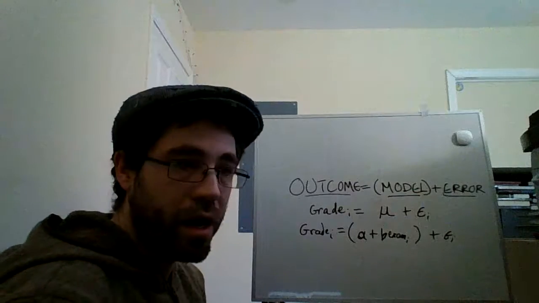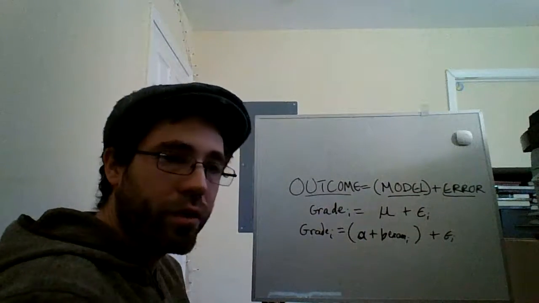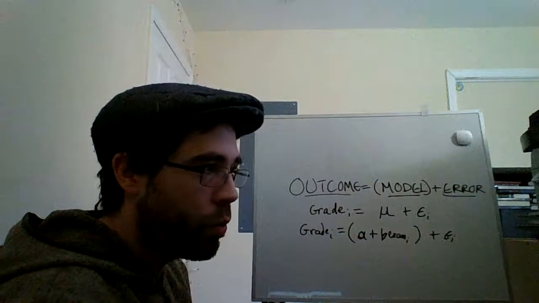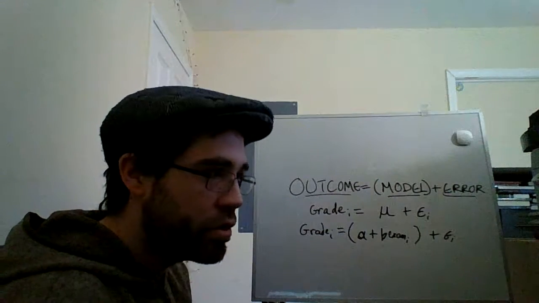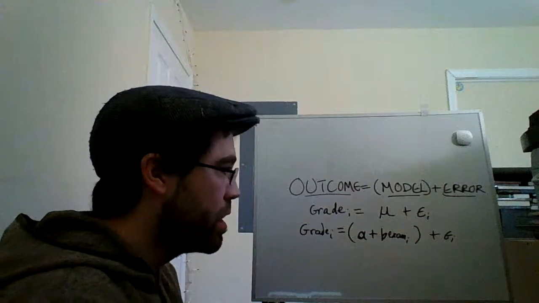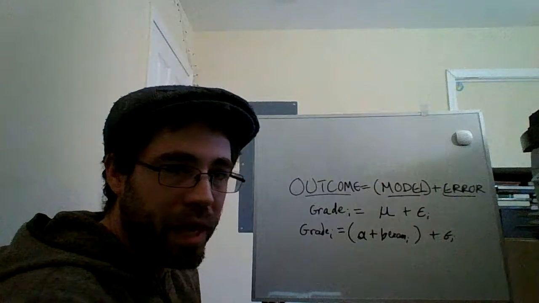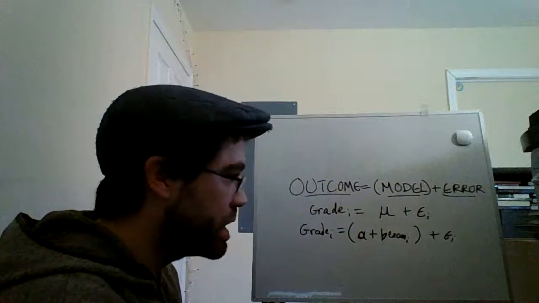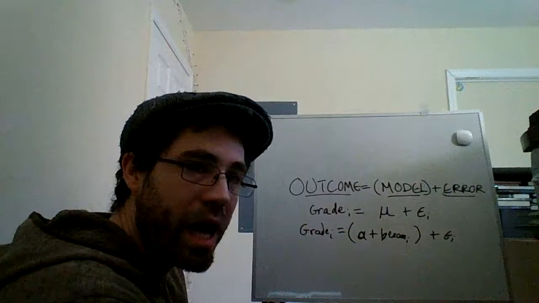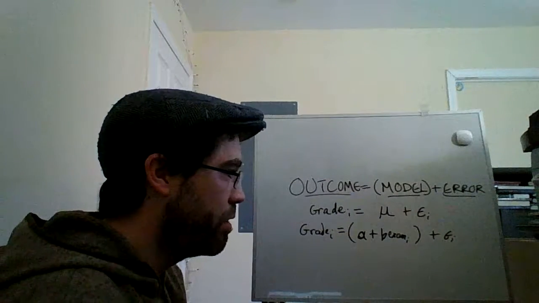So what we're saying here in this slightly more complex model is we're saying, okay, the mean didn't do a great job of estimating. It got one person right and other students right to a varying degree. But if we also knew their exam grades, we could say that there's some baseline grade that we would expect regardless of how well they did on the exam, and then for each point they got on the exam, we would expect that their grade overall in the class would be a little bit better, right?